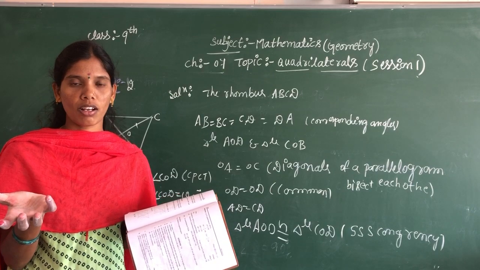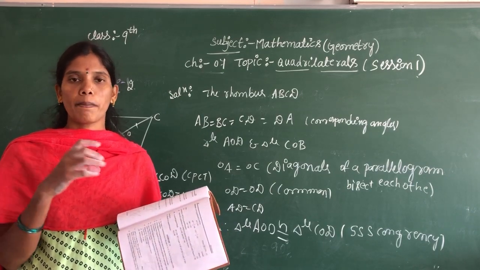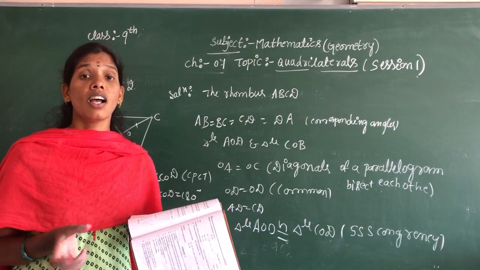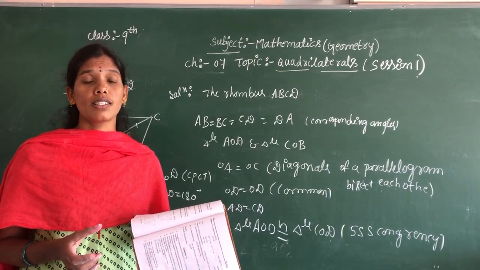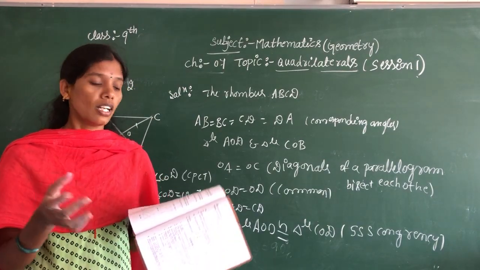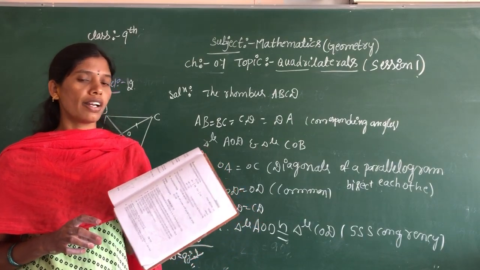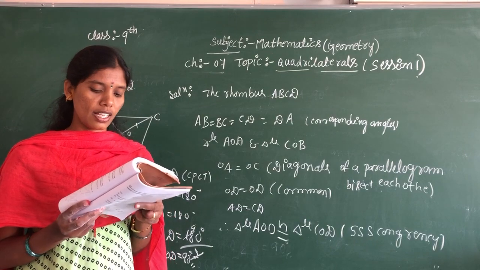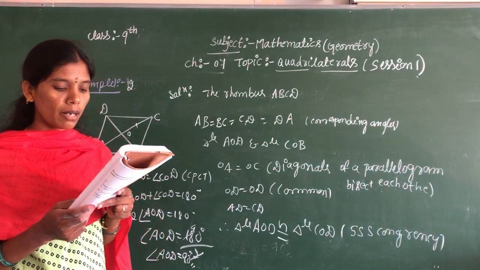What is there in a parallelogram? We compare the diagonals, the bisecting points, and the opposite sides. But there is another condition for a quadrilateral to be a parallelogram, and there is one theorem for it.